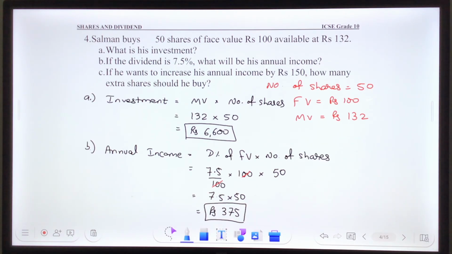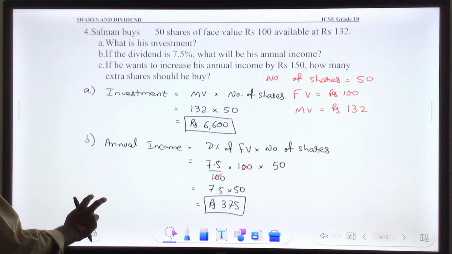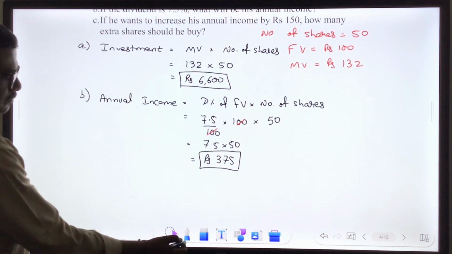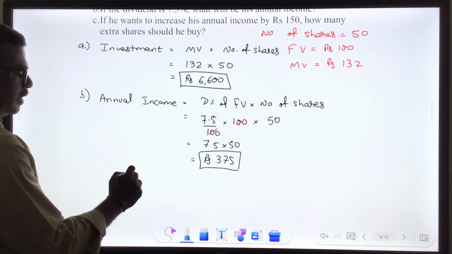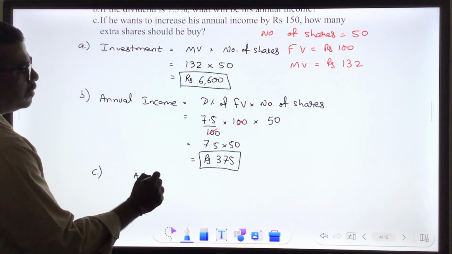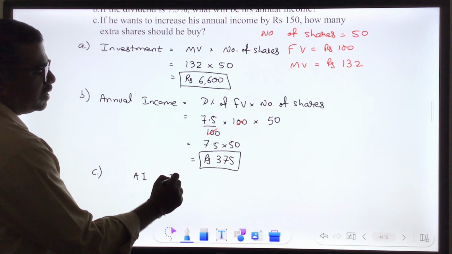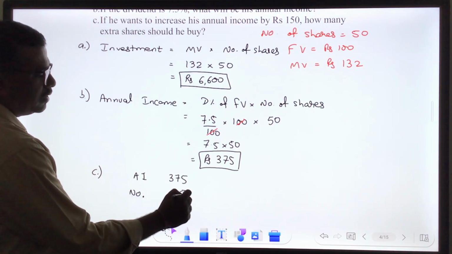Now the third question is, if he wants to increase his annual income by rupees 150, how many extra shares should he buy? So annual income is directly proportional to the number of shares. So if you see here, he is getting an annual income of rupees 375 on 50 shares.